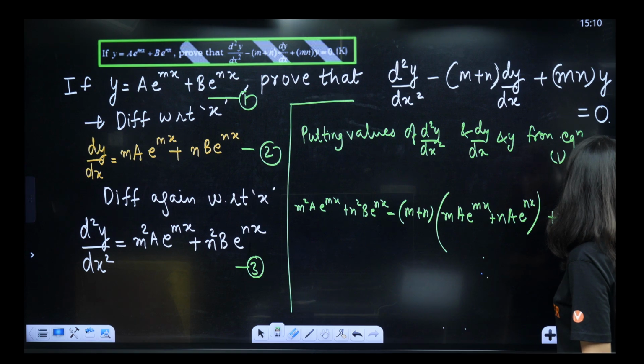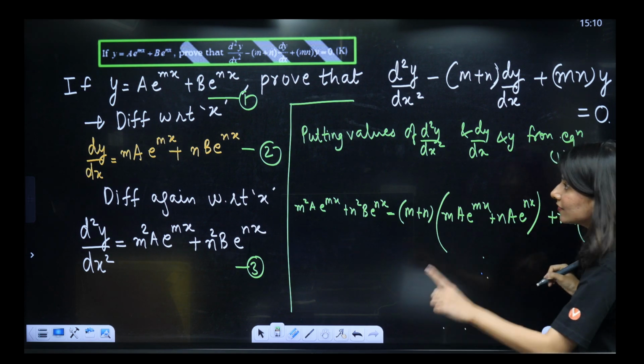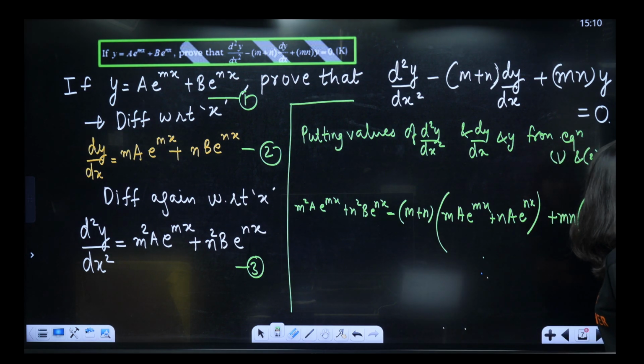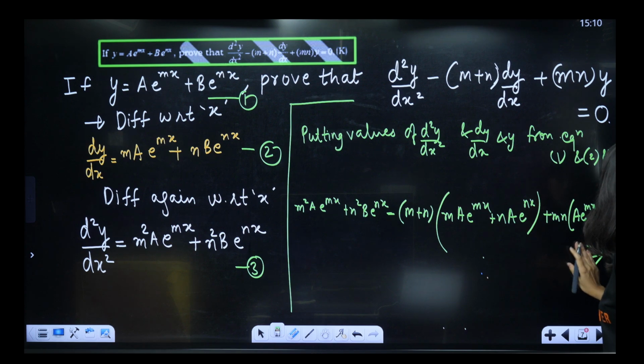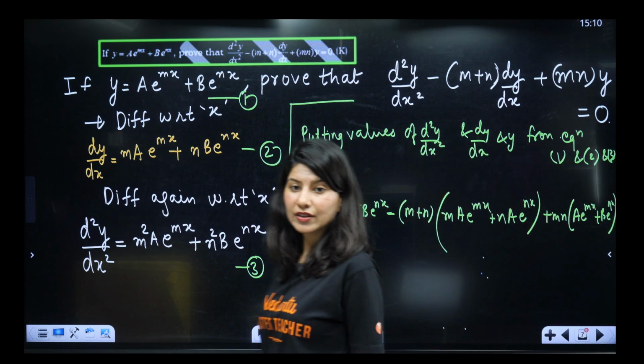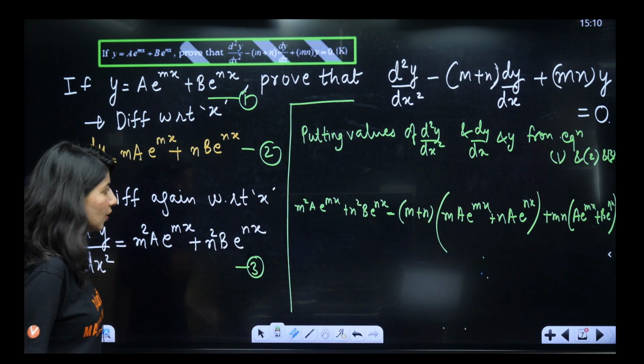Plus m into n y. What is y? Ma'am, y is a e raised to power mx plus b e raised to power nx, okay, space issue again, mn times that. And this should be equal to, so this value we are calculating, we need to prove that this is 0, okay?